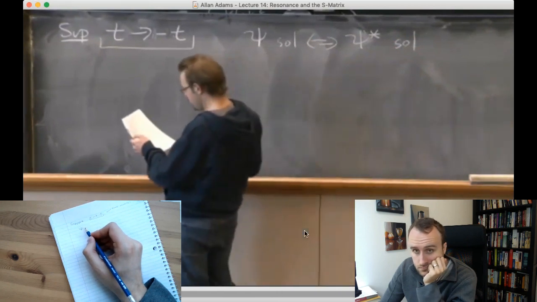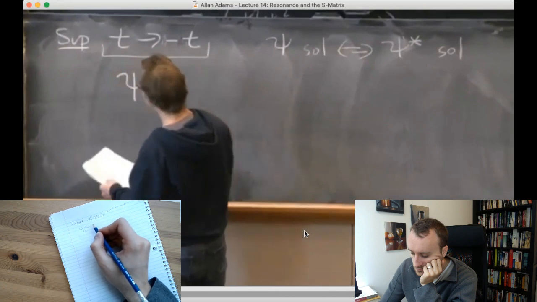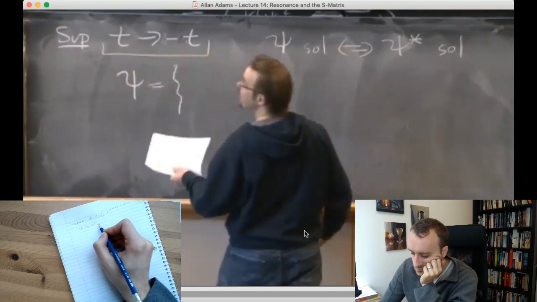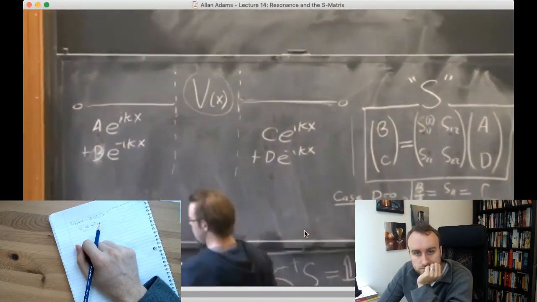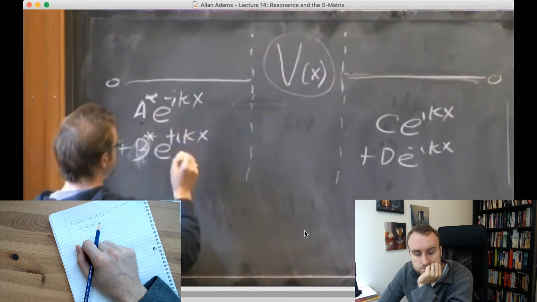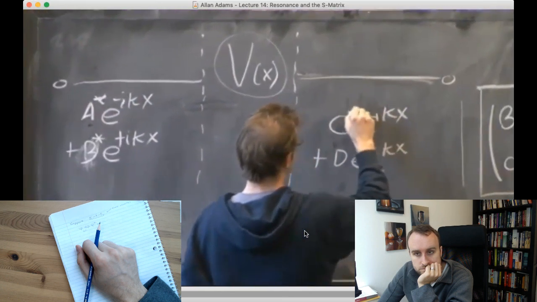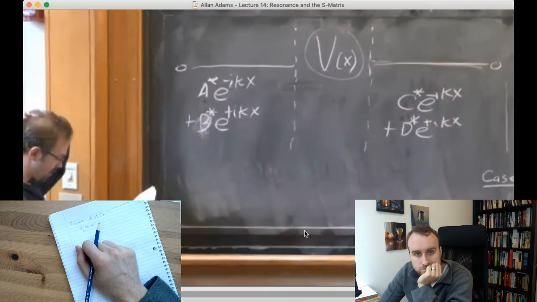And using these, what you can show, and I'm not going to go through the steps for this. Well, okay, that's easy. So if we do the time reversal, the wave function, looking on the left or on the right, so comparing these, what changes? Well, in time reversal, given this solution, we have another solution: A star equals minus ikx, B star equals plus ikx, so minus star plus. So we can run exactly the same game now with this amplitude.